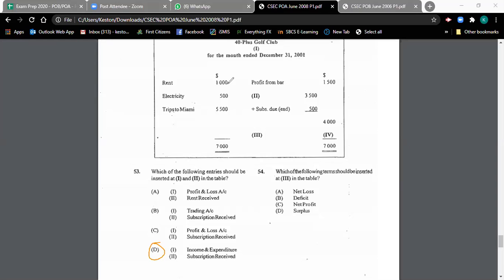This one working out to be no. Rent, and that's 6,000, 7,000 on this side, and 6,500 on this side. No, 5,500 on this side is our deficit. Yep. B, deficit.